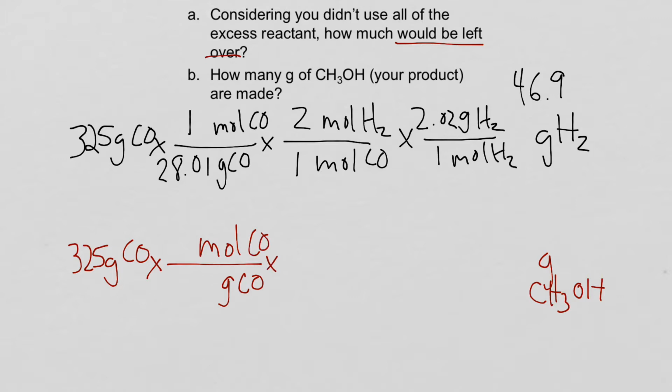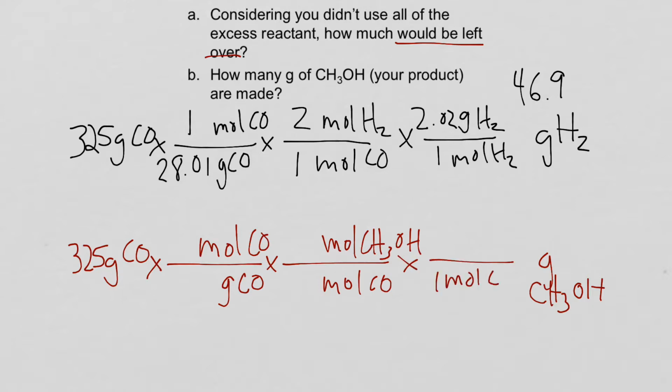So again, molar mass, moles of CO to moles of our methanol times our molar mass of that. So we have our 28.01 from our previous math. I think it was a 1-to-1 ratio, yep.